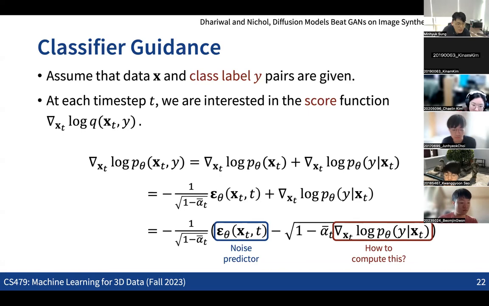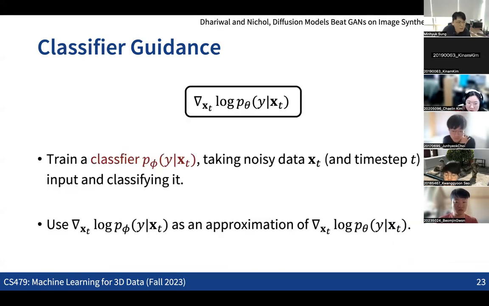So here basically the information that we need to know is, given the XT from the noisy image, what will be the likelihood for the given class label? That's the information that we can achieve using some kind of classification neural network.